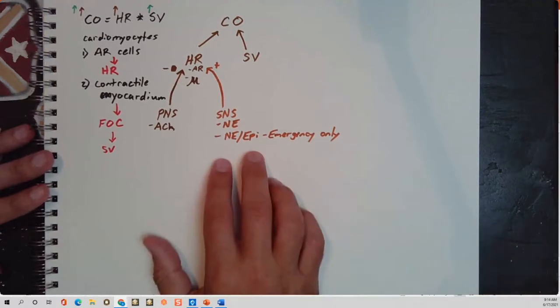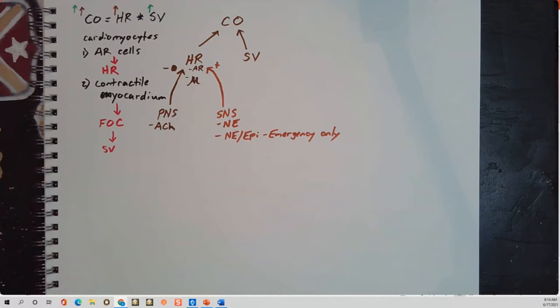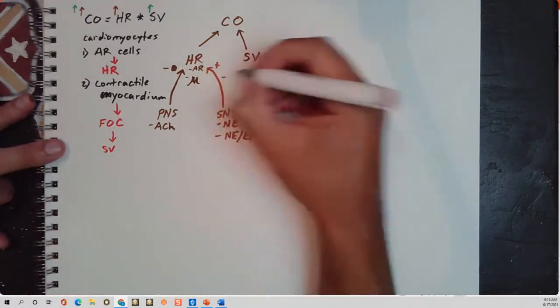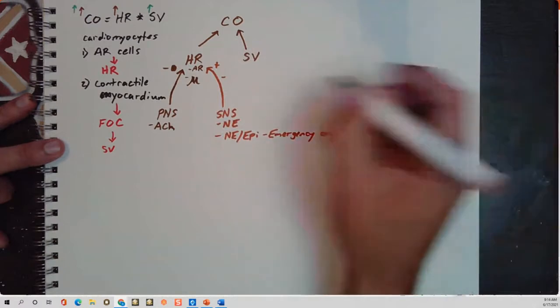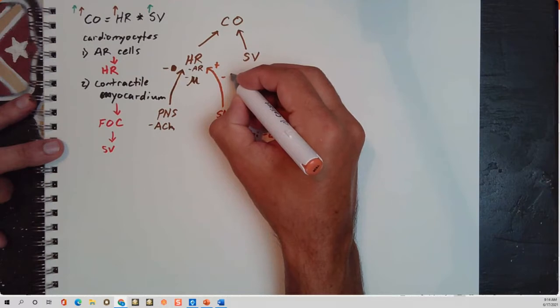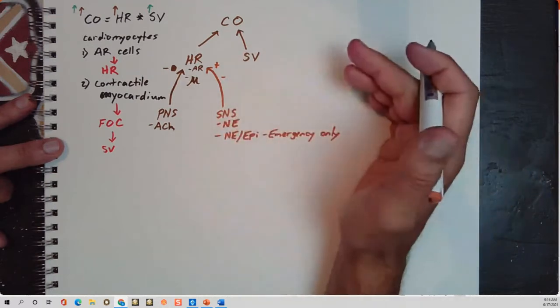All right, is everybody on board with this? And then, of course, what receptor is it binding to on the heart? Let's be as specific as possible. What receptor are we dealing with here? Adrenergic. Good, Veronica, but what kind of adrenergic?